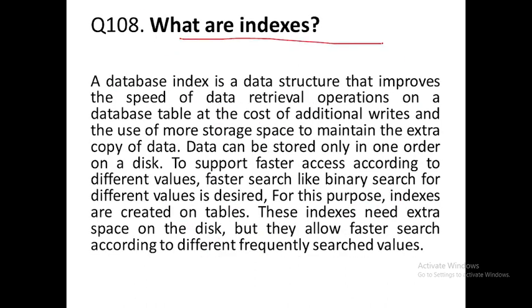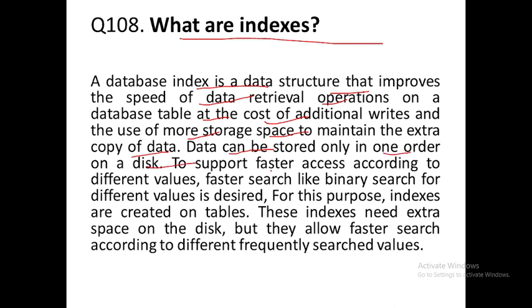What are indexes? A database index is a data structure that improves the speed of data retrieval operations on a database table, at the cost of additional writes and the use of more storage space to maintain the extra copy of the data. Data can be stored in only one order on a disk.